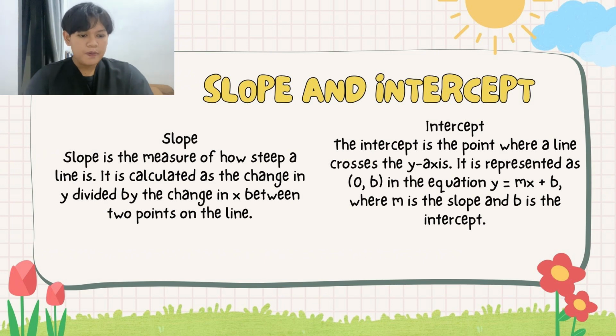The intercept is the point where a line crosses the y-axis. It is represented as (0, b). In the equation y = mx + b, where m is the slope and b is the intercept. So m is the slope, b is the intercept.